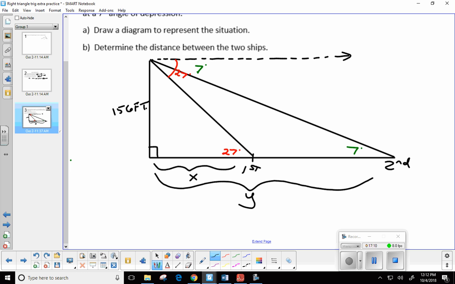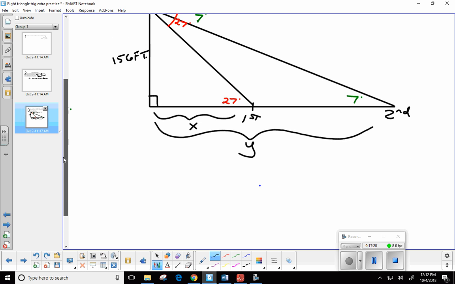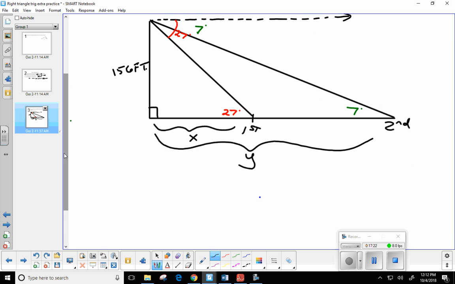Just subtract them, okay? Because all I want to know is how far the two ships are from each other. So let's set up some trig equations. Let's work with the smaller triangle first. What would 156 be to 27? That would be the opposite. So x would be the adjacent.